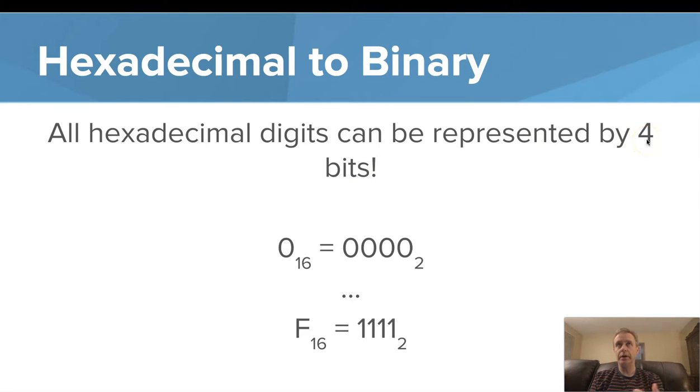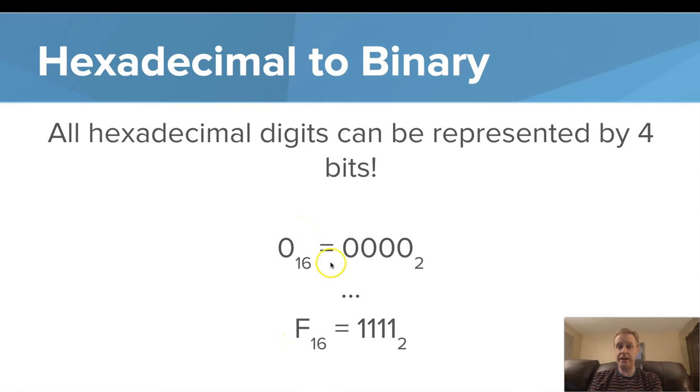Because remember, in binary, the number of values that can be stored, if we have 4 bits, that would mean we would have 2 to the 4th possible values, and 2 to the 4th is equal to 16, which equates to the number of digits we have in hexadecimal.